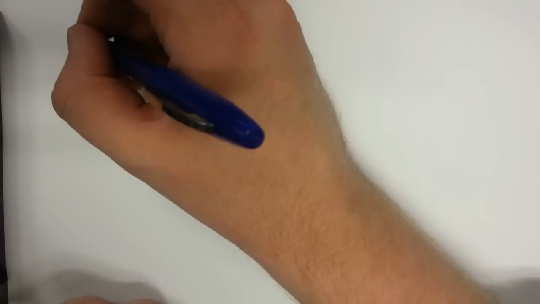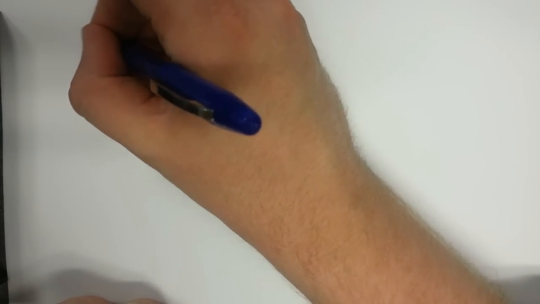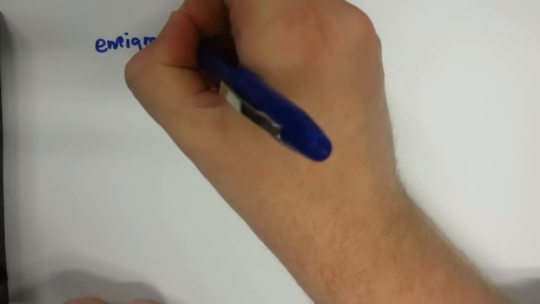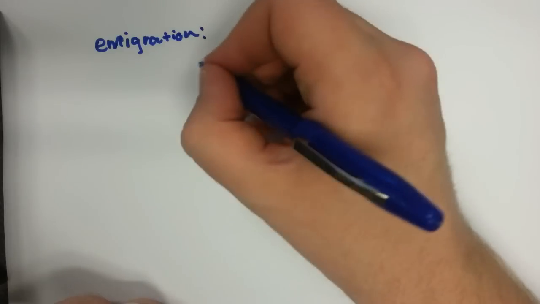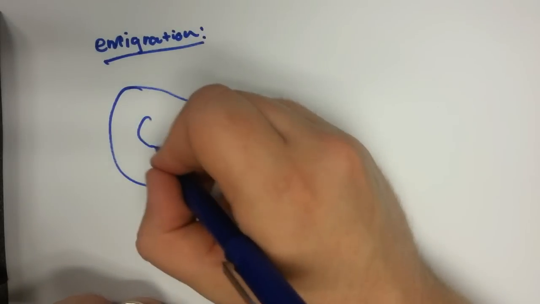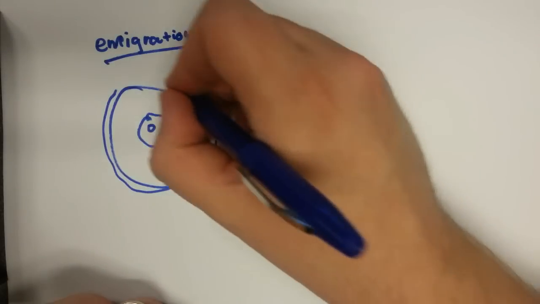The other thing they do is they move around in the bloodstream, so they have to get out of the bloodstream to the site of infection, and that process is called emigration. Right. So in emigration, the phagocytes are floating around in the blood vessel. Right? There's a phagocyte, there's a blood vessel.